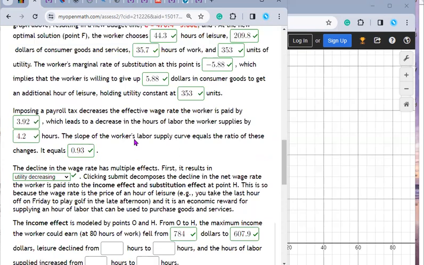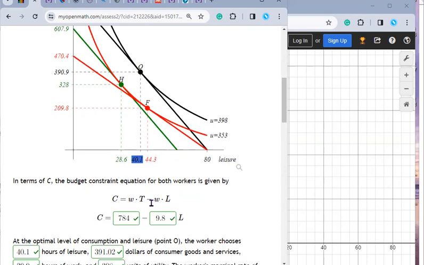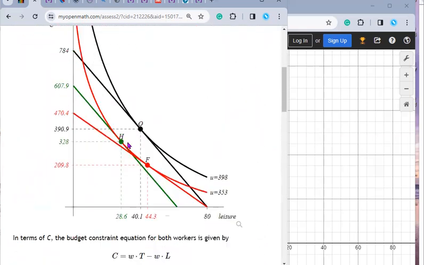Leisure declined from what? Leisure declined from 0.0, 40.1, right? To the leisure at point H, 28.6.